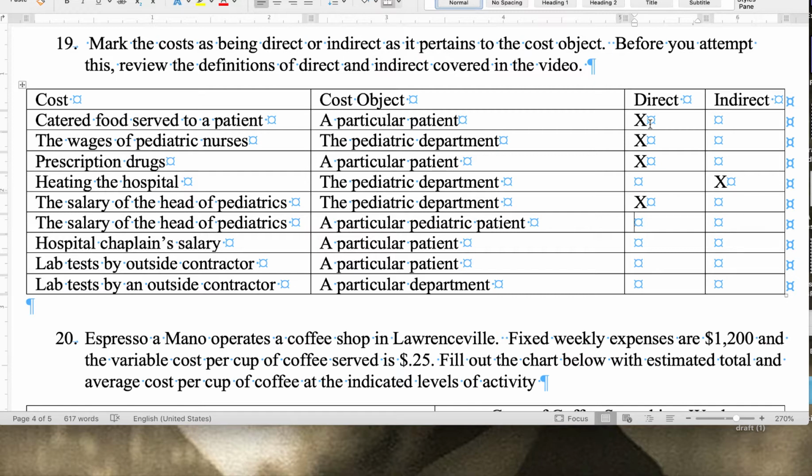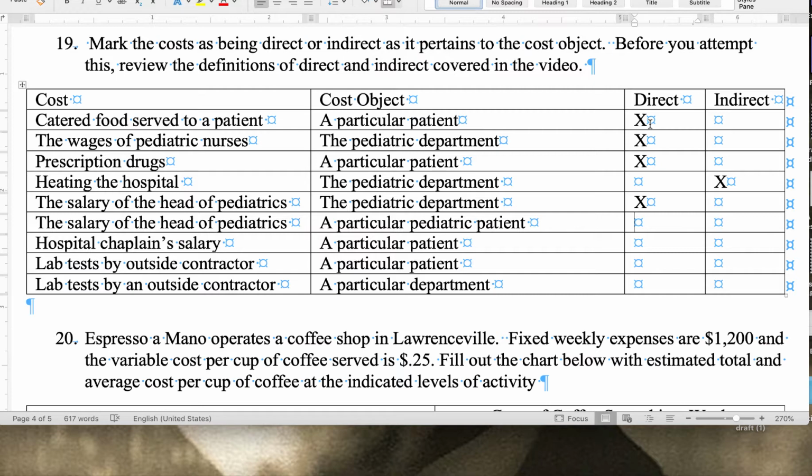Now let's look at the salary of the head of pediatrics to a particular pediatric patient. Well, you might say, can we trace that? Oh yeah, we can definitely trace that. We can create a formula, so to speak. We can take the salary of the head of pediatrics and allocate it based on time, how much time this person spends with each patient.